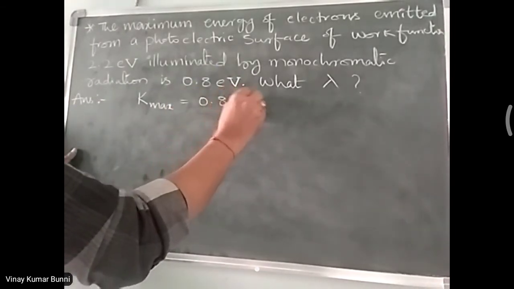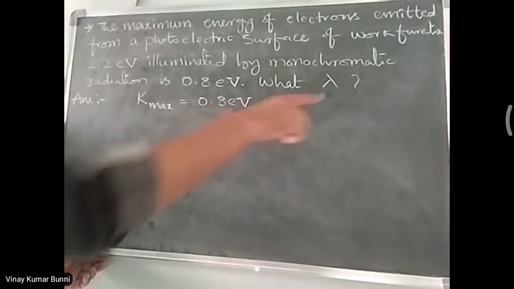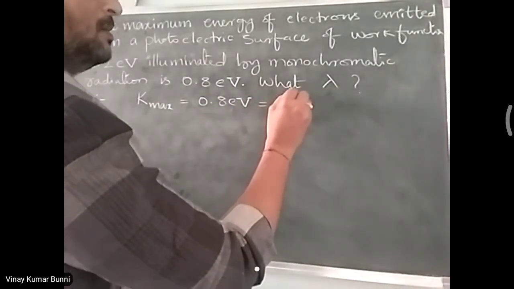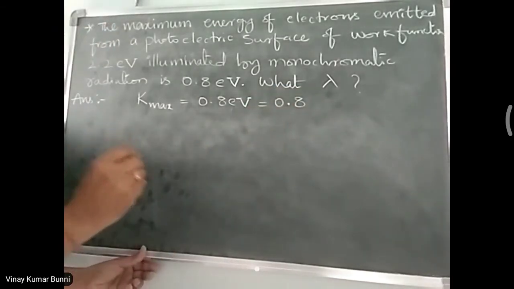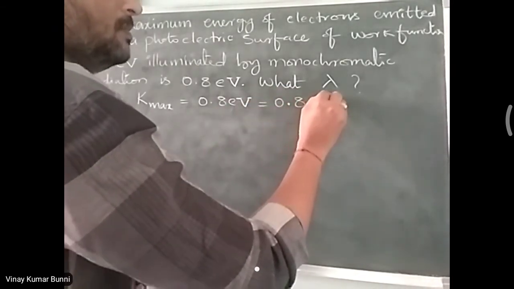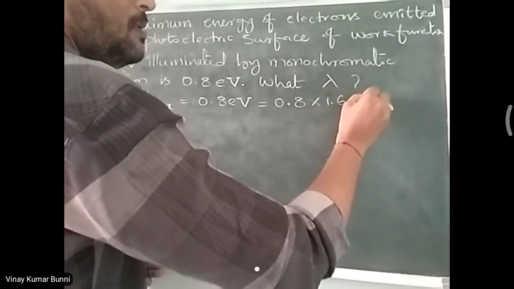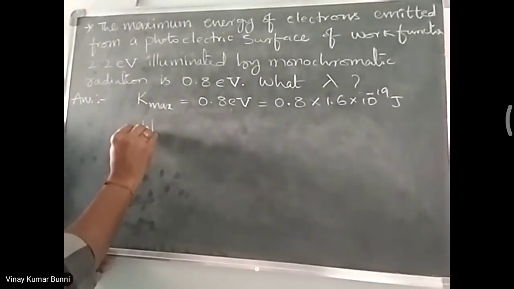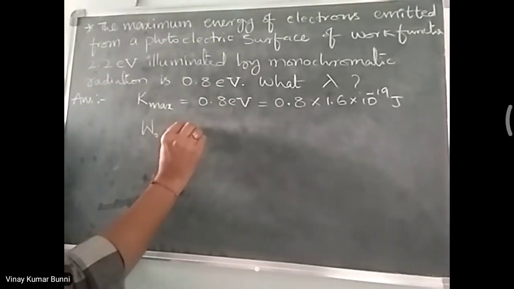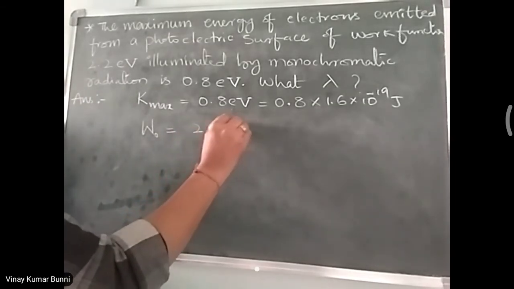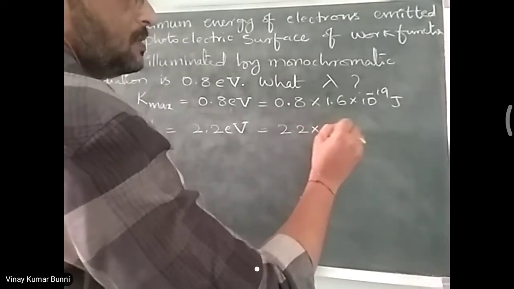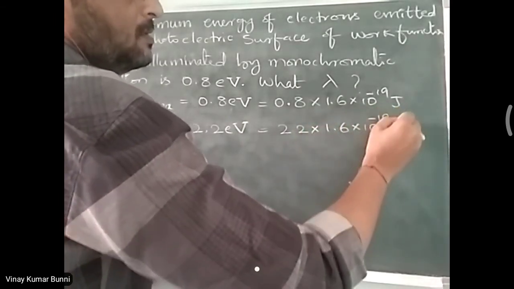As you are going to calculate the lambda value, we are very much aware that the electron volt term is 1.6 into 10 power minus 19 joules. So this is K max. And what is the work function? We know that work function W naught is also given, 2.2 electron volt. So that is 2.2 into 1.6 into 10 power minus 19 joules.